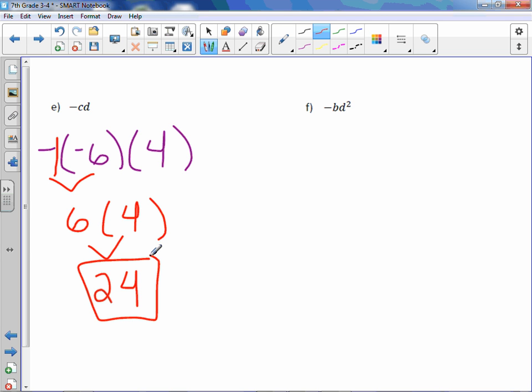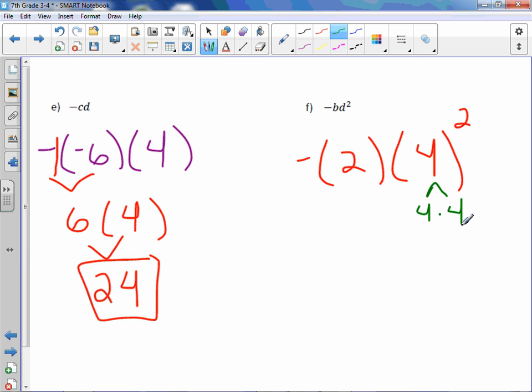Letter F, negative BD squared. Bring down the negative sign. Bring down your sets of parentheses for B and D, and put that second power there. Now plug them in. B is 2, and D is 4. We need to take care of 4 squared first, and remember, it's the same as 4 times 4, which is 16.